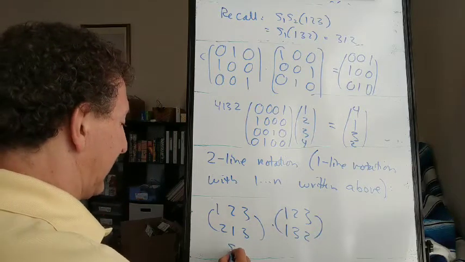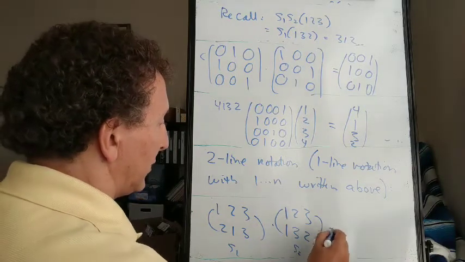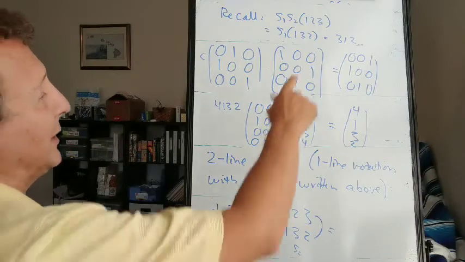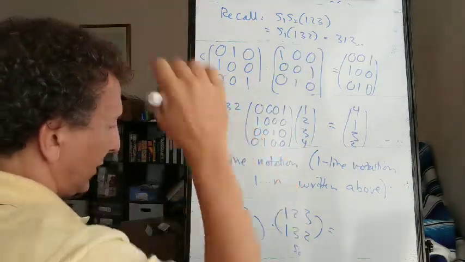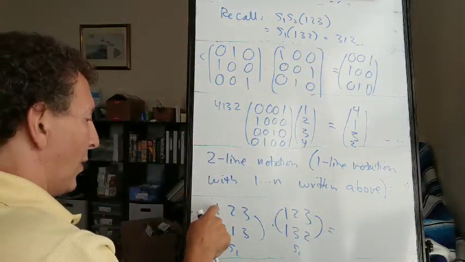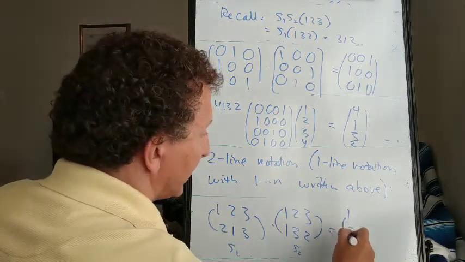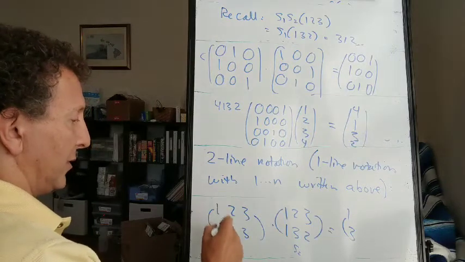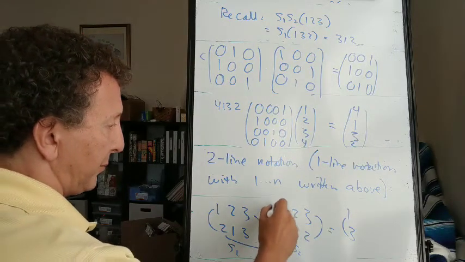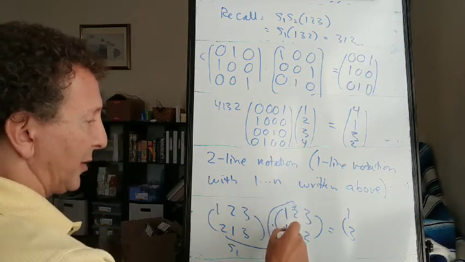So we're multiplying S1 times S2, and we want to get 3, 1, 2. So we follow 1 to 2 and then find the 2 over here and see where that goes. 1 goes to 3.